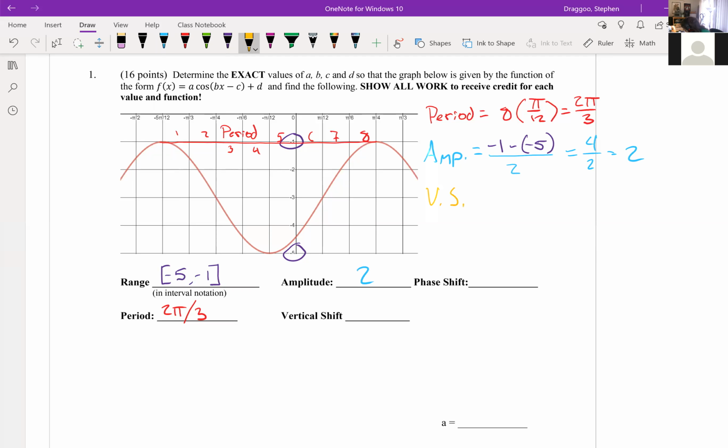Then that vertical shift, it's going to be a relatively similar setup. -1 plus -5 over 2 is -6 over 2, or -3.